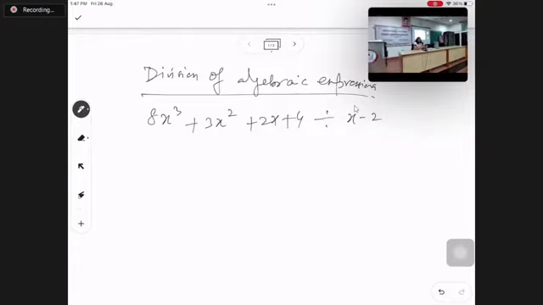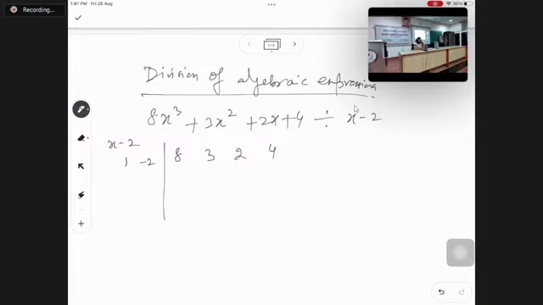You cannot neglect. And you write this in the decreasing order, means highest order, next highest, and constant. In this way, you write only the coefficients. So write the coefficients of this. This is 8, 3, 2, 4. And then here we have this x minus 2, write its coefficients also. This is 1 and minus 2.